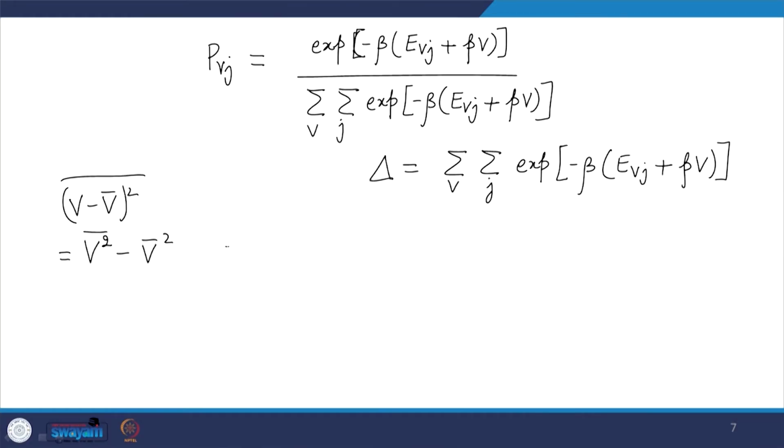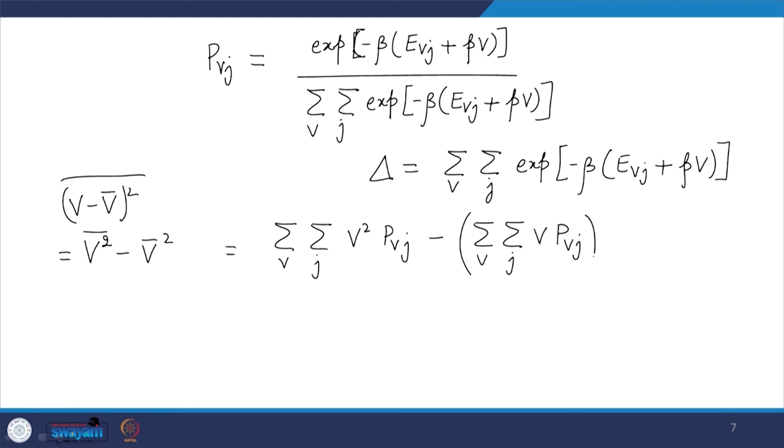That is equal to summation of v, summation of j, V squared p_vj, minus summation of v, summation of j, V p_vj, that is my V bar, whole squared.